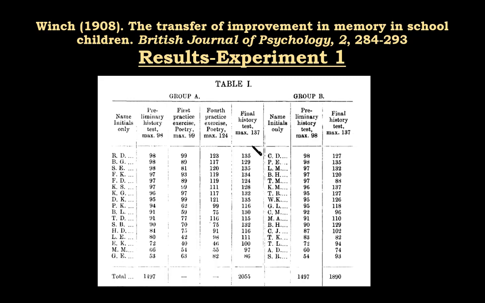Then we are going to compare the performance on this final history test. These are the results of the first practice in poetry and the fourth practice exercise in poetry.